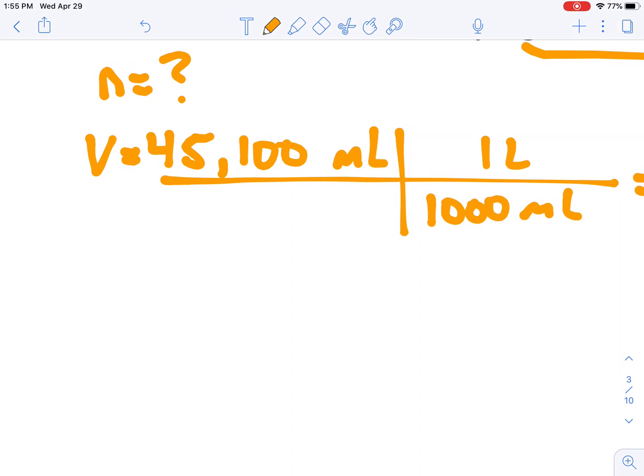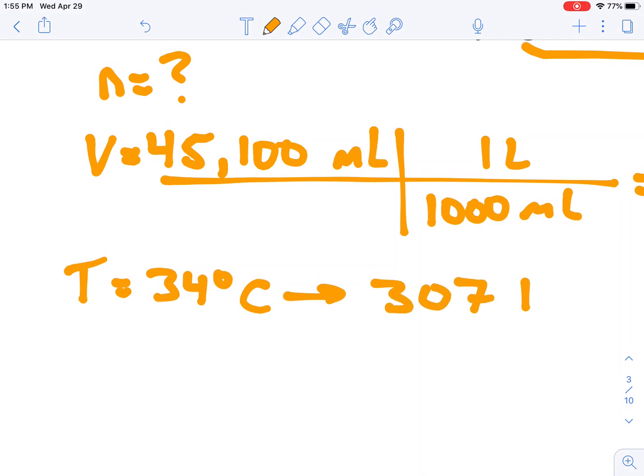It says we have a temperature of 34 degrees Celsius, significant to the ones place. If we add 273.15 to this, we will get 307 Kelvin. Right, so that's our new temperature. We know we need to be in Kelvin, and we've stopped at the 307 because we're significant to the ones place. And then we're told that the pressure is 1.04 ATM.